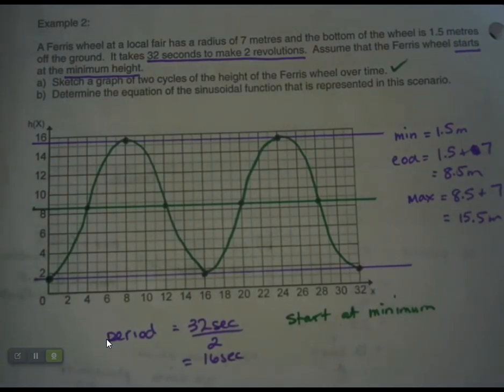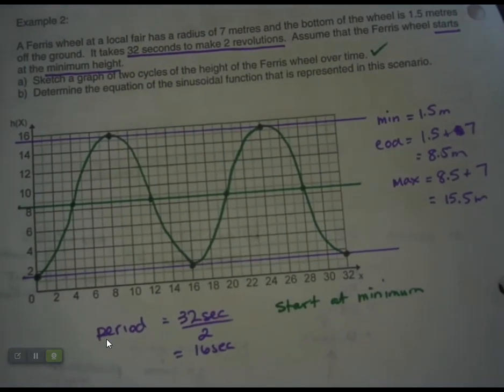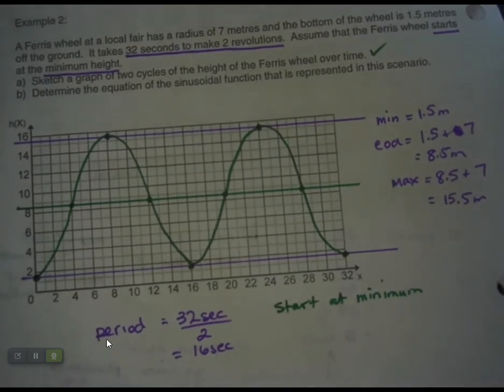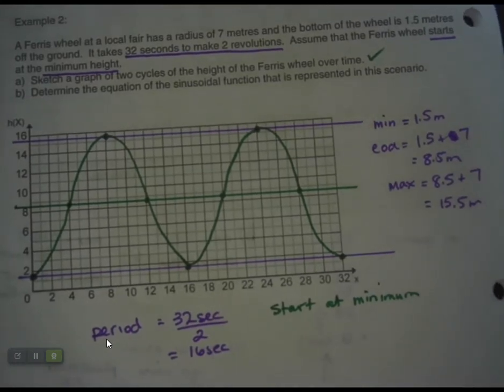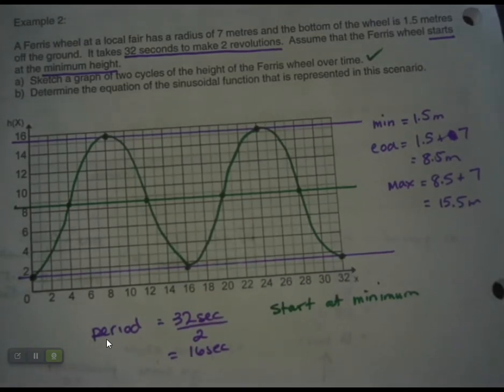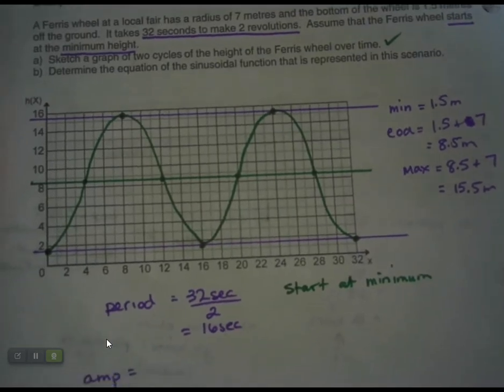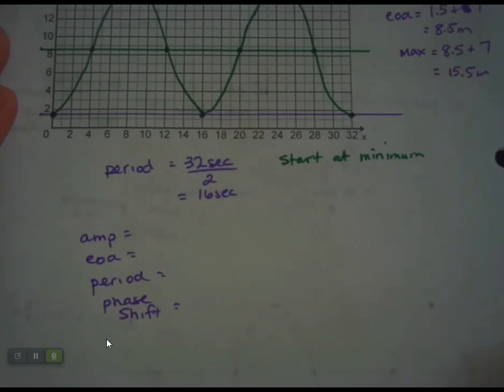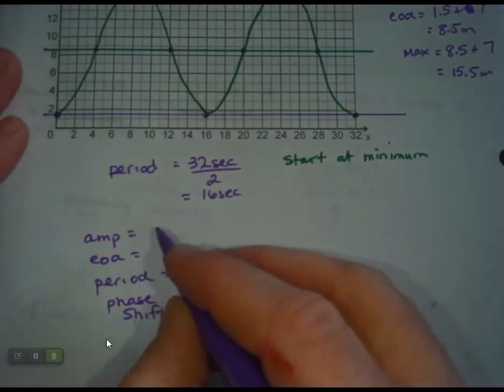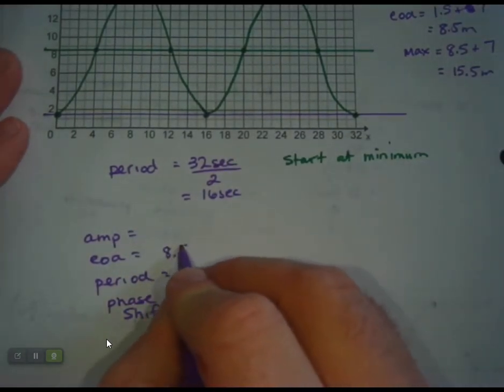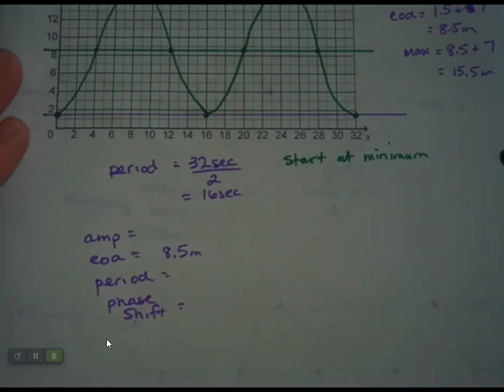Now, I've got to find out my equation. And we know all these things already: our amplitude, my EOA, my period, and our phase shift. So now we're going to take that. Well, we know from up here, our EOA was 8.5 meters. That's from our graph.